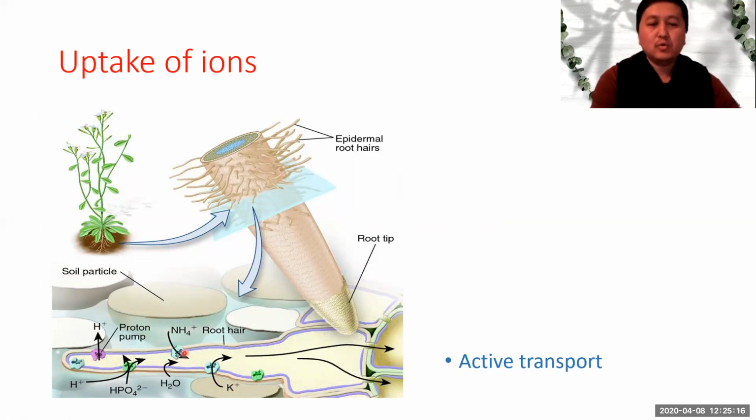That's why they use some energy to take ions against the concentration gradient, and it's called active transport. By using energy with active transport, the plant takes ions.